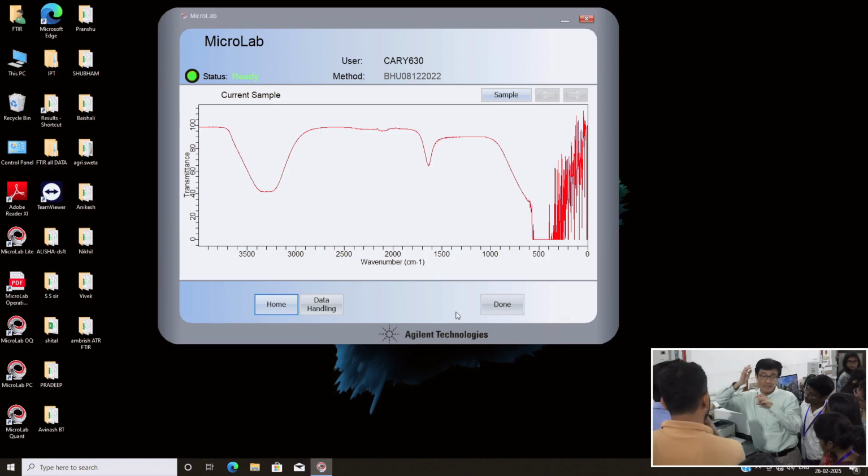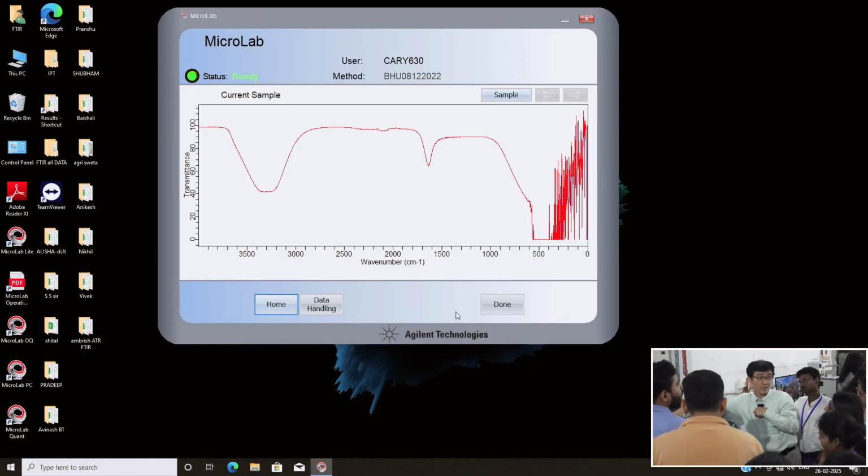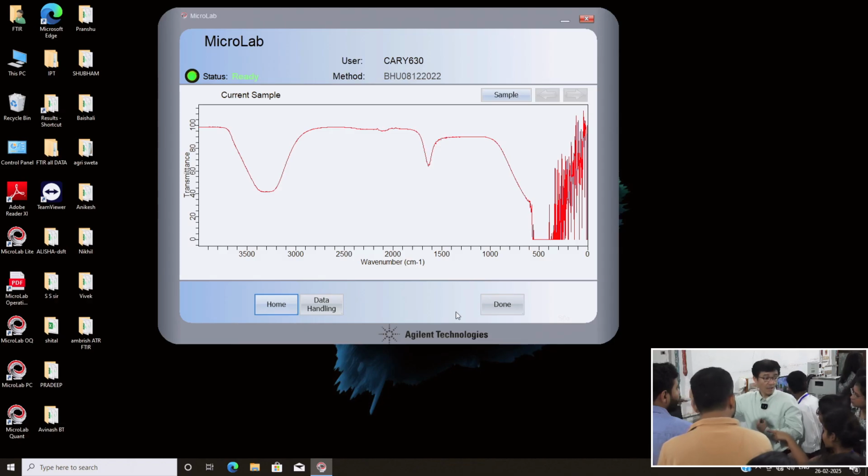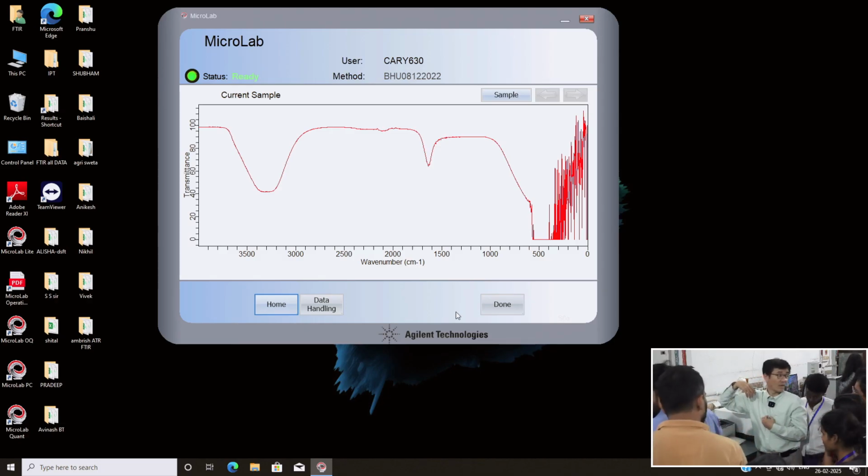But I0 is 0 and I is 0. Then in this region, 0 over 0 is converted to transmittance, so it diverges. So please be aware of which region is available. Both I0 and I include the absorption of the prism. The sample contains only water, nothing else. For now, this is water.